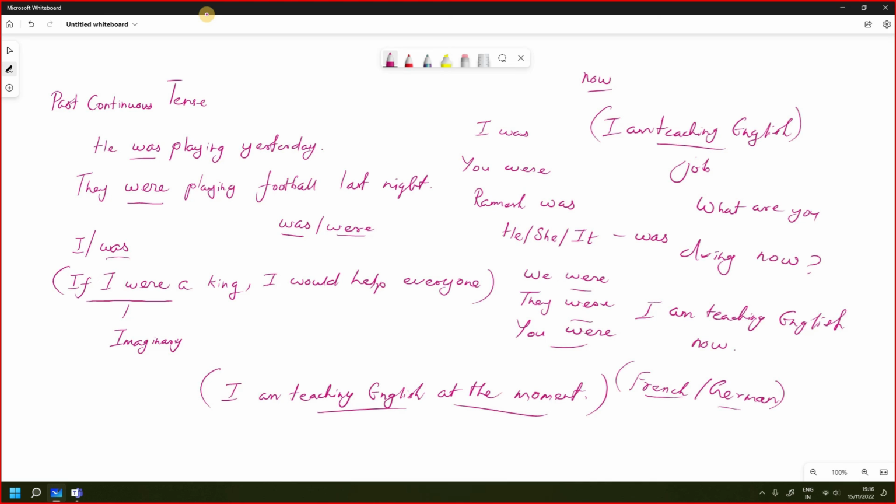Imagine I'm a software developer, but I'm very good in English. So if someone asks, what did you do when you were not having any job? Then I would say, at that point of time, I was teaching English. Then people will understand: he's a software developer, but at that point of time, he did not get any job, so he was temporarily teaching English. You see how things change and how things work.